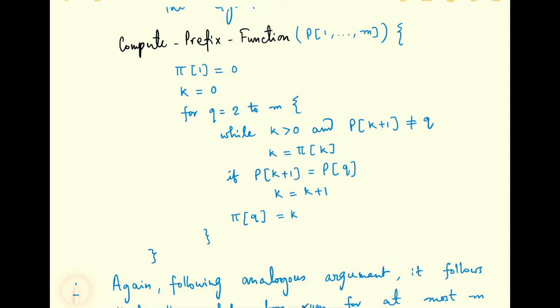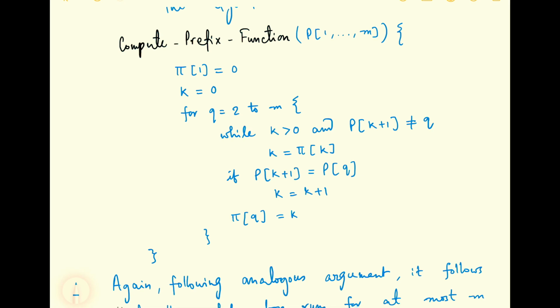At the qth iteration, I have already computed the values of pi 1 to pi q minus 1, and I will ensure that k is pi q minus 1. That means it is the length of the longest prefix of p 1 to q minus 1, which is also a suffix of p 1 to q minus 1.